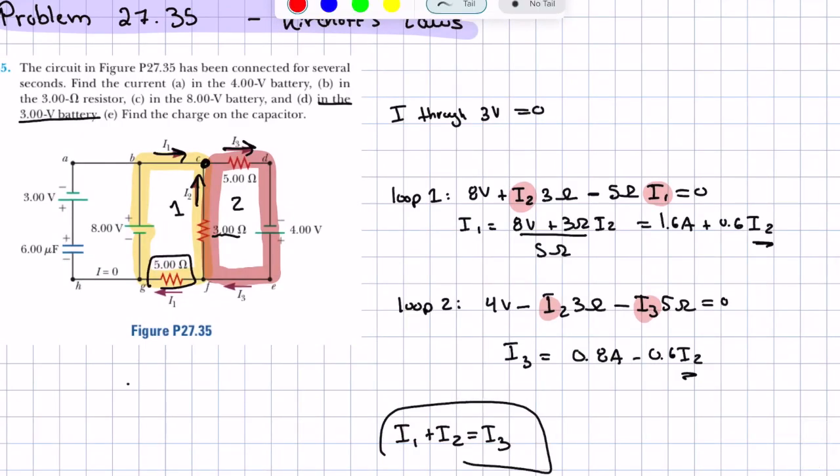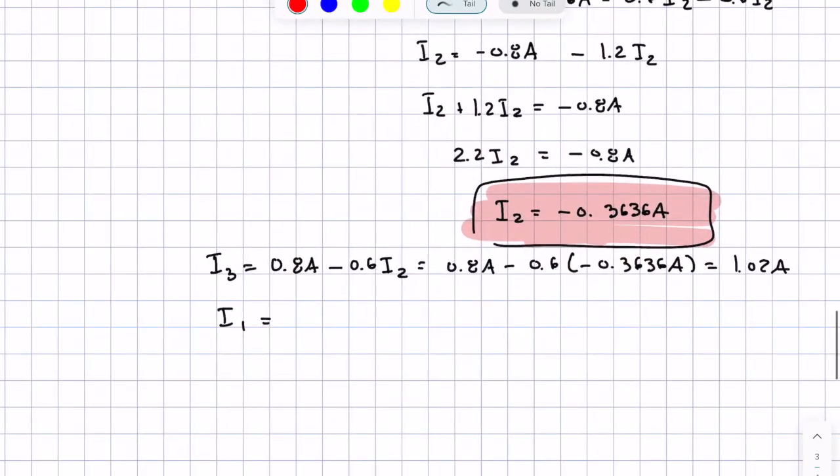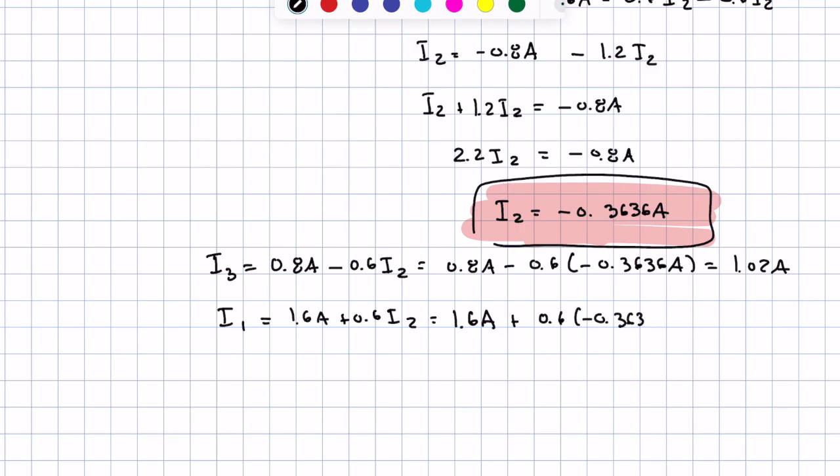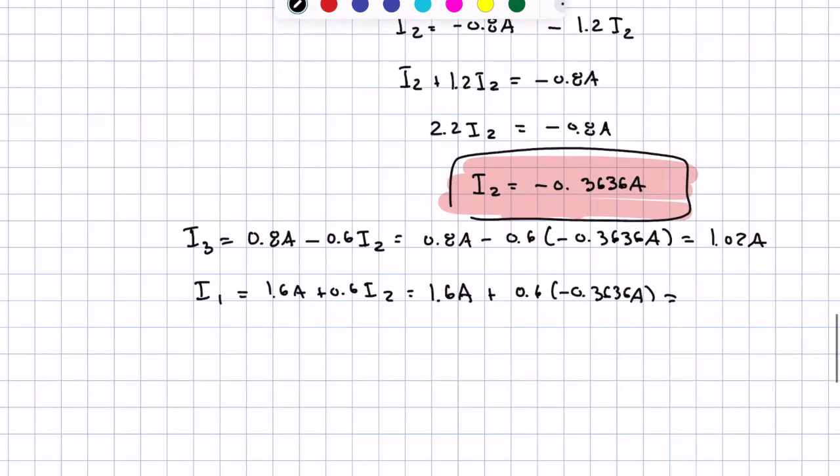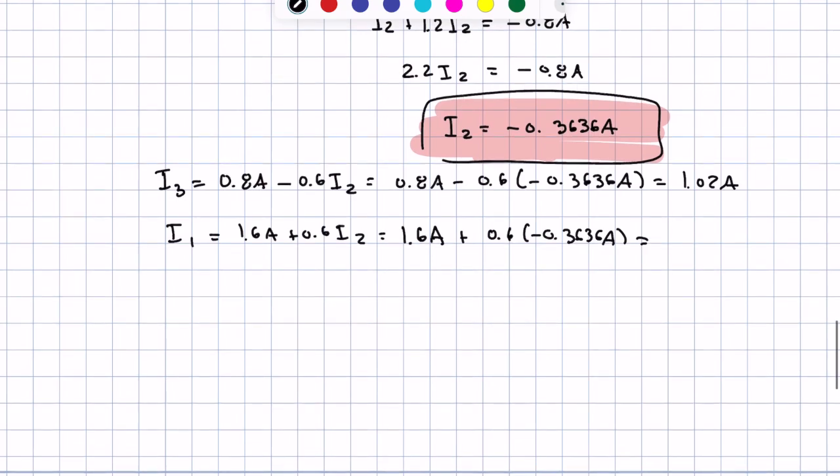We saw I1 is equal to 1.6 plus 0.6 I2. That's just going to be the same thing here, and for I1 we get 1.38 amps.